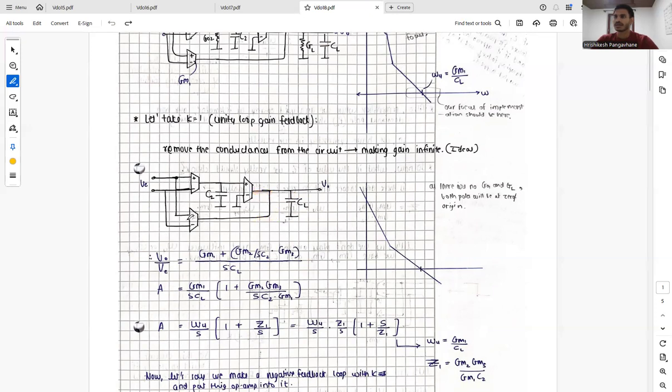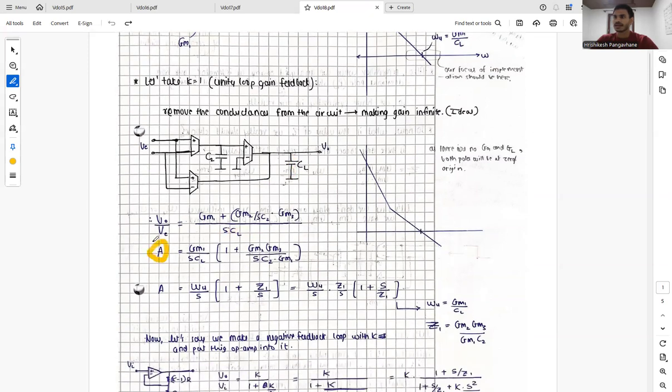This one is from GM1, this is GM2, and this is GM3. The current from here is GM2 by SC2 multiplied by GM3, and from here it is GM1, and both go through CL. So the output gain is divided by SCL.